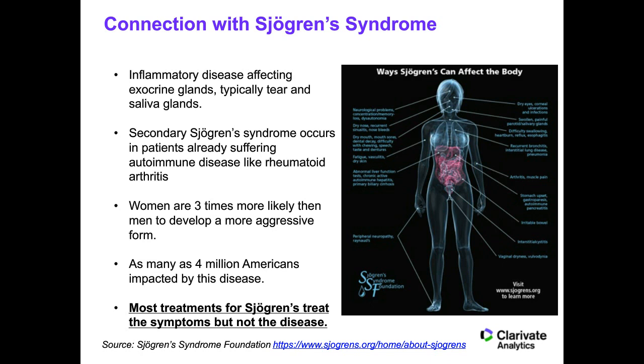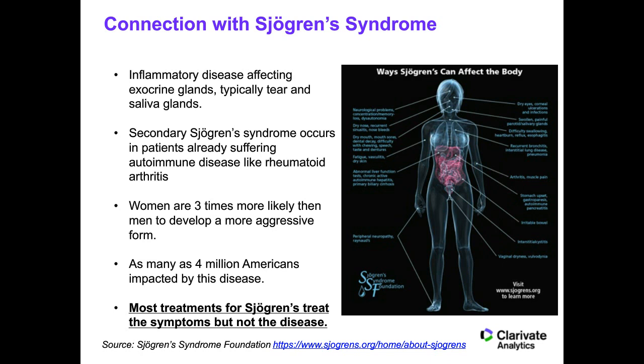Women, again, are 3 times more likely to develop a more aggressive form of this disease than men are. And as many as 4 million Americans are impacted by this disease, and current treatments are really focused around the symptoms of Sjögren's Syndrome, but don't necessarily treat the underlying disease.